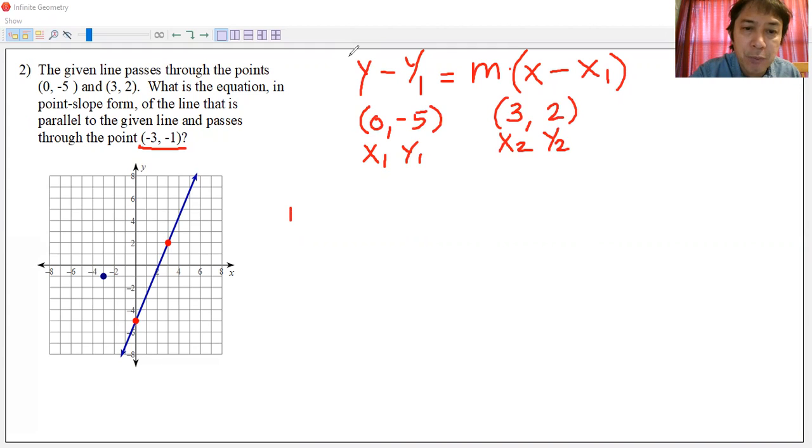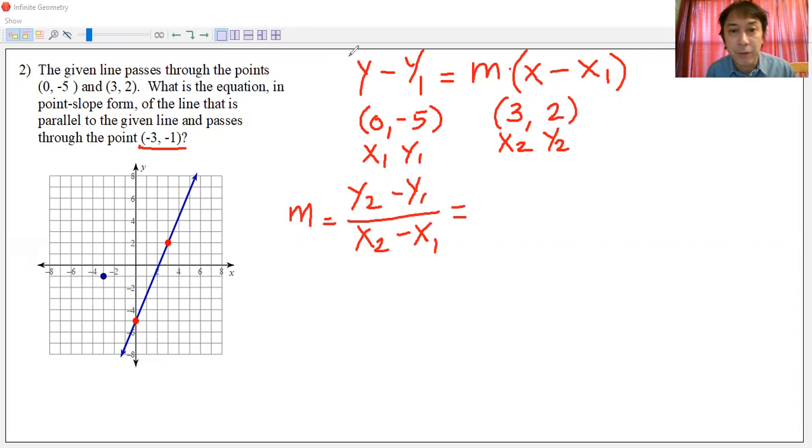So the slope is y2 minus y1 over x2 minus x1. Our y2 is, from the labels, 2 minus, that's part of the formula, the minus. Now, y1 is negative 5. So right after the minus in the formula, we have to write negative 5.